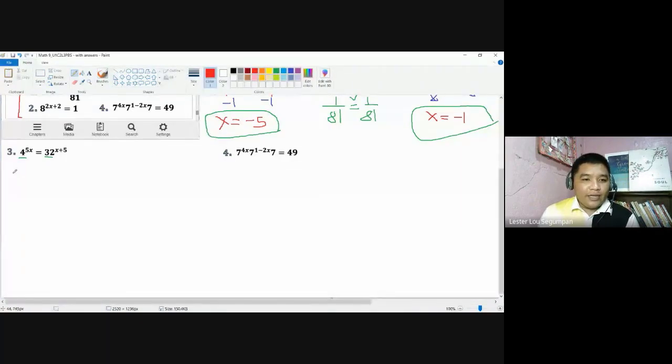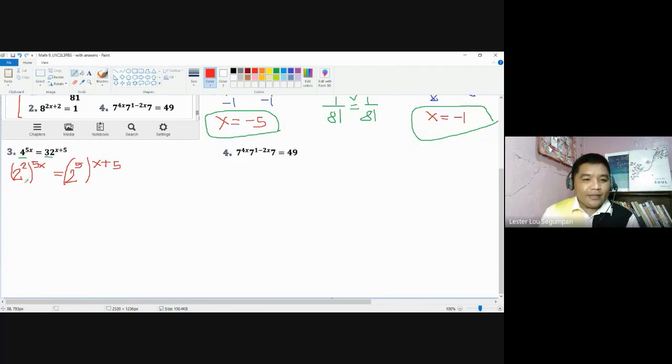So we could write here 2 squared for 4 raised to the power of 5x is equal to 32, which is actually 2 to the power of 5, raised to the power of x plus 5. Again, now we can express both of them with the same base.